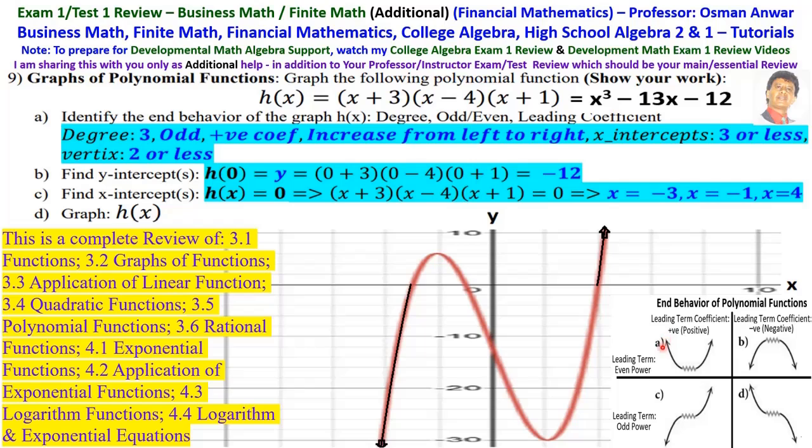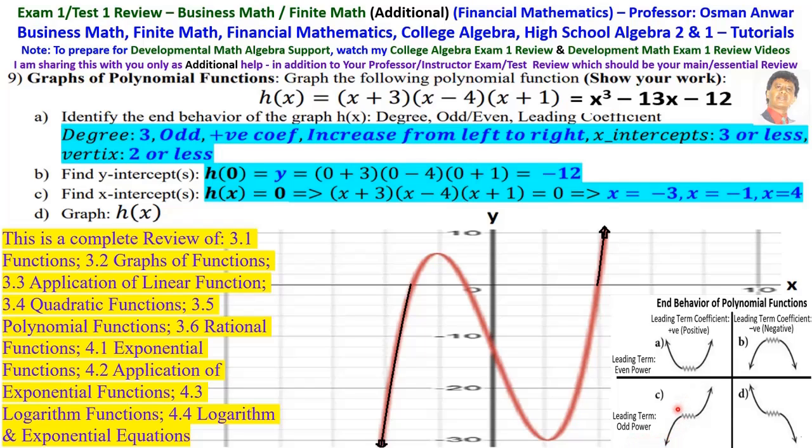Then if the leading term is an odd power, meaning x cubed, x to the 5, x to the 7, x to the 9, x to the 11, those are odd powers.